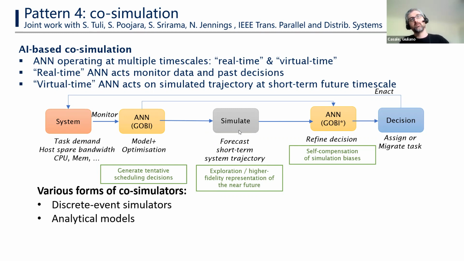This could be a simulator in the middle, could be also an analytical model. And we will see later certain results that corroborate the claim I'm making that this combination is more accurate.